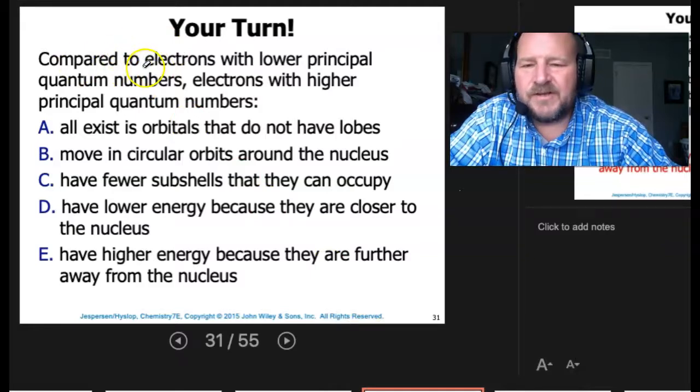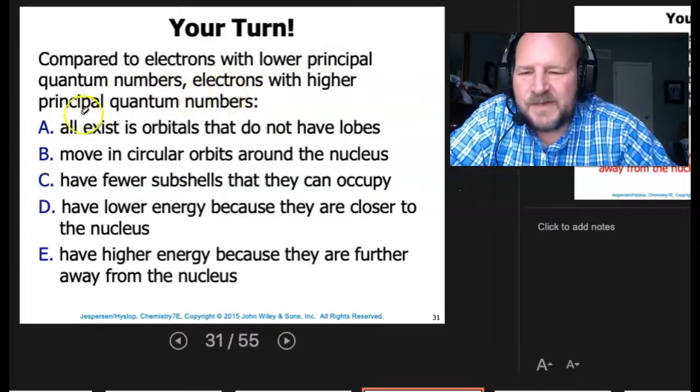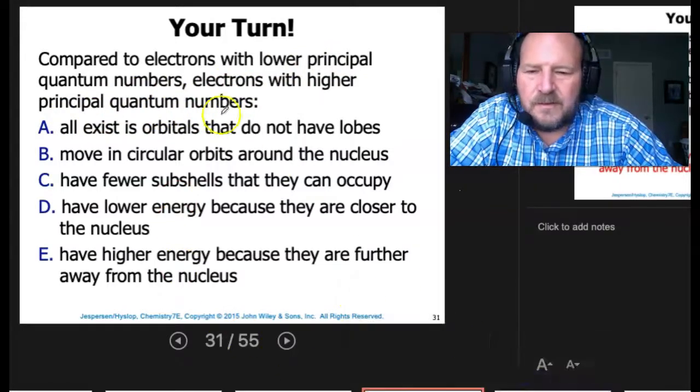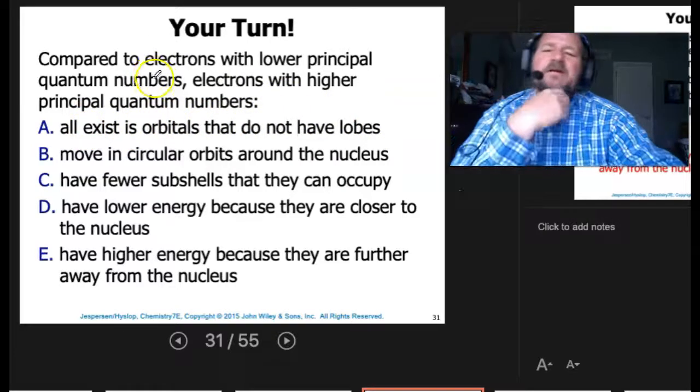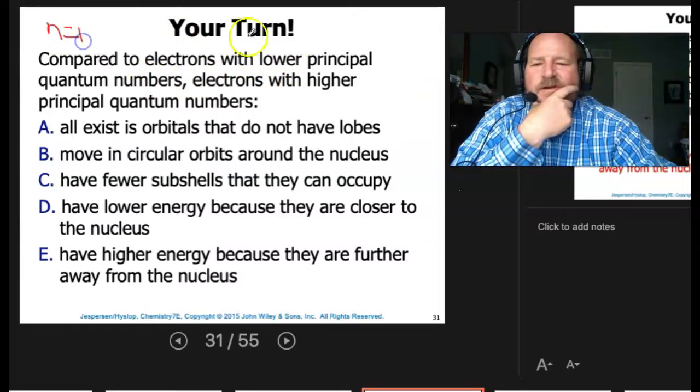Compared to electrons with lower principal quantum numbers, electrons with higher principal quantum numbers all exist as orbitals that do not have lobes. So let's say we just say n equals 1 and n equals 5.